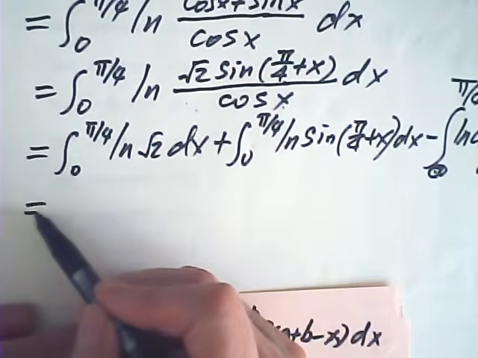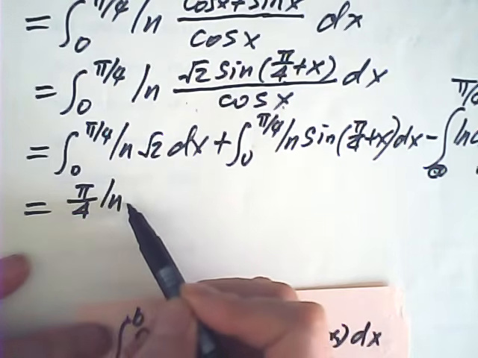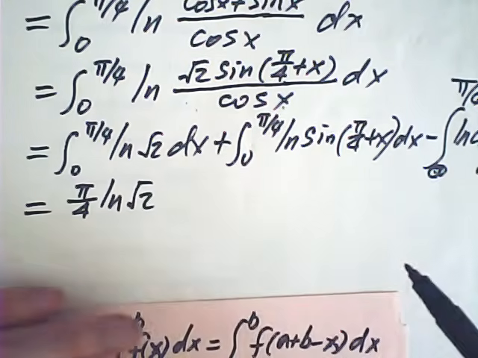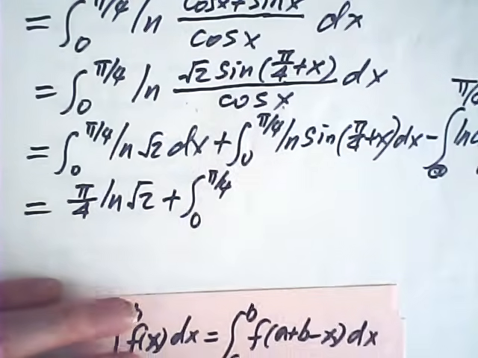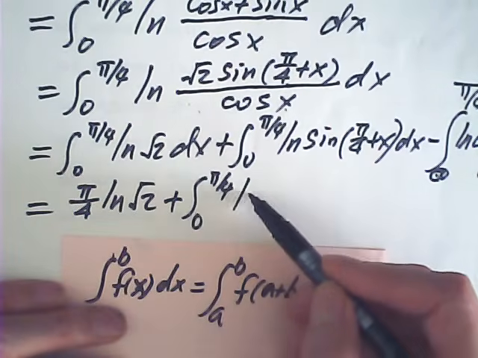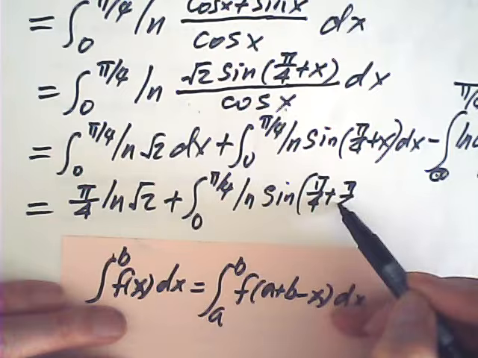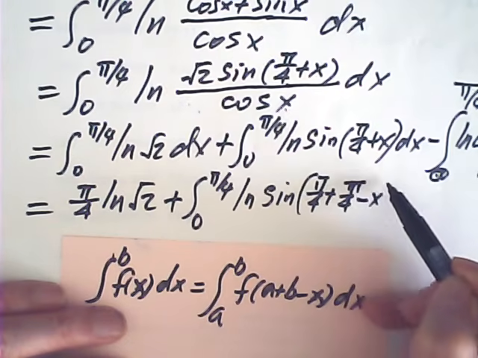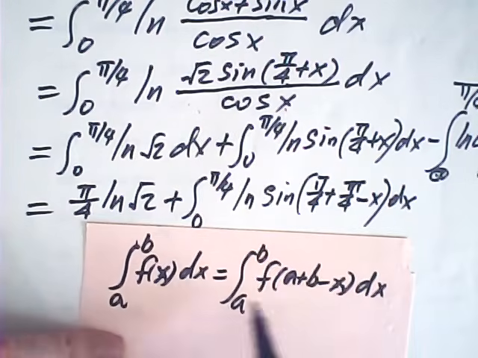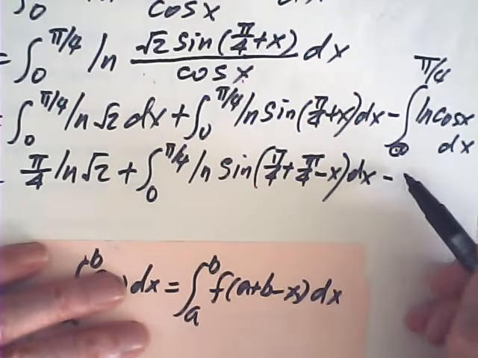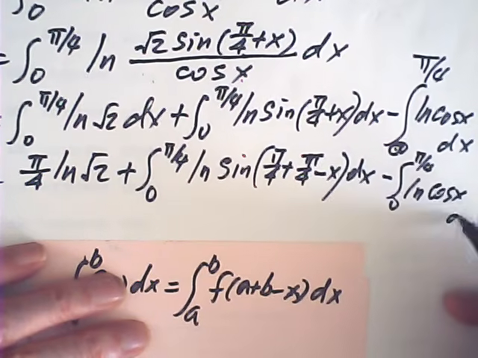Now this first one is equal to log 2 times quarter pi, that is, a half log 2 times quarter pi. For this integral, I'm using this property to get natural log of sine of quarter pi plus quarter pi minus x, dx, minus the integral from 0 to quarter pi of natural log cosine x dx.